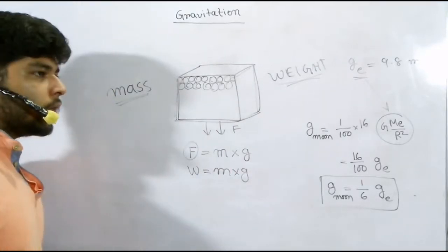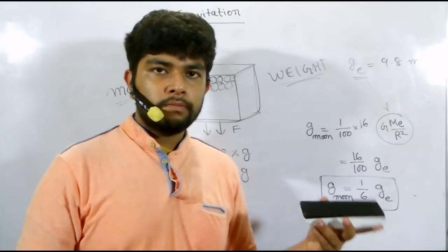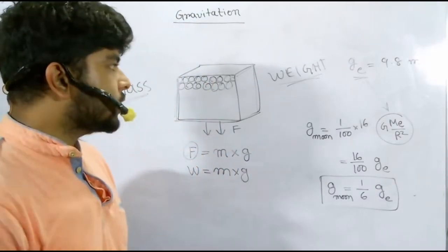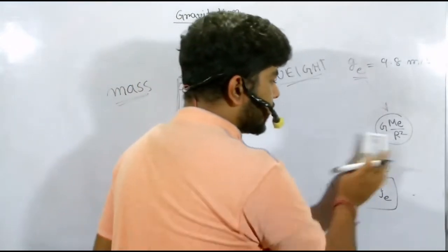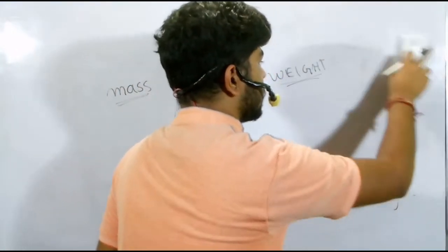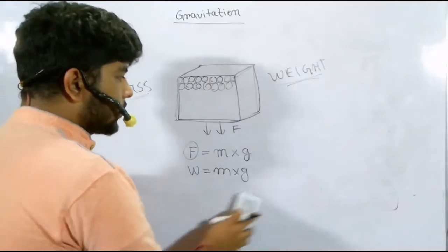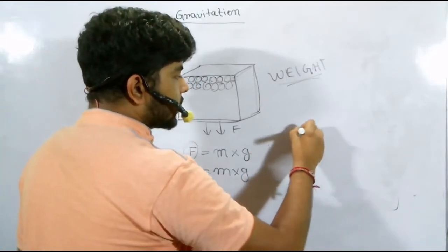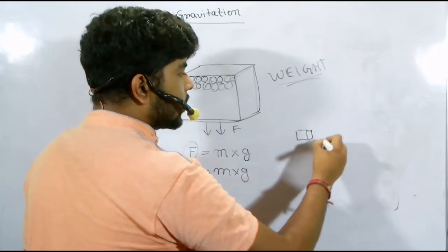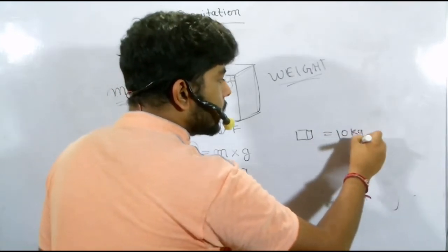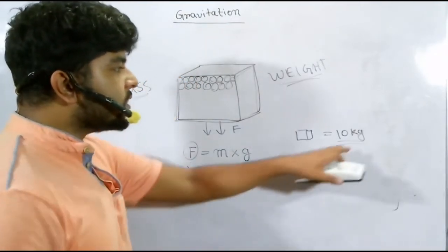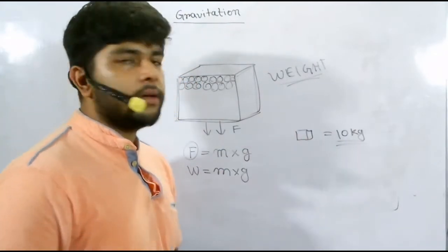Now you know that when we measure an object with a weight machine, we are actually measuring weight, not mass. So when we say that the weight of this object is, suppose, 10 kg, this statement is wrong, because kg is not the unit of weight.